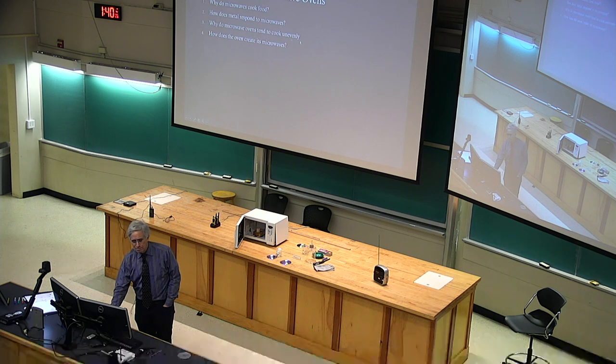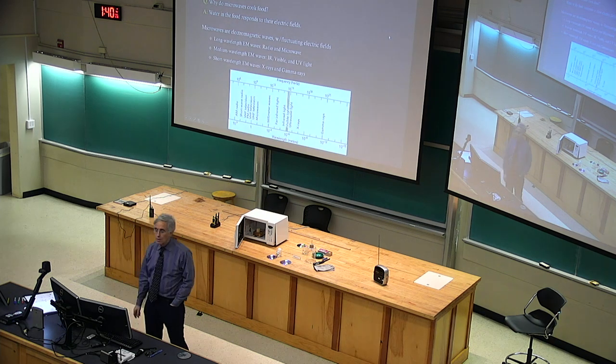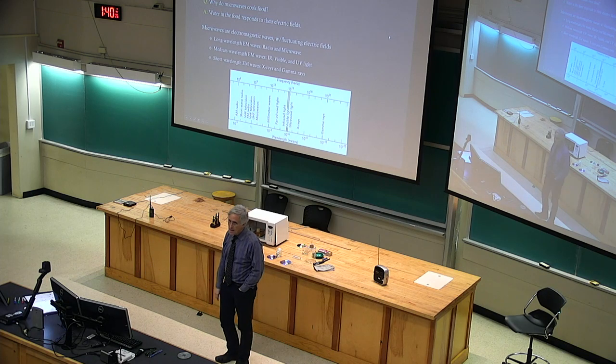So just to go through these questions a little bit, how does a microwave oven cook food? To look at that, microwaves are another part of the electromagnetic spectrum. They are still electromagnetic waves. They happen to be electromagnetic waves with high frequencies and short wavelengths.